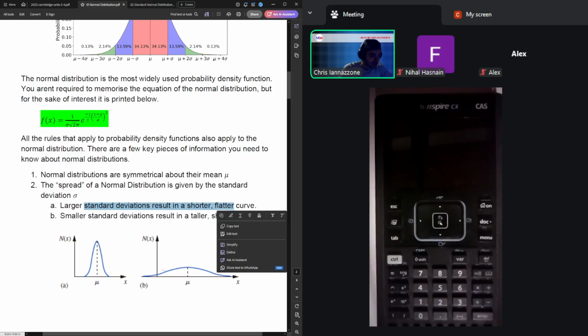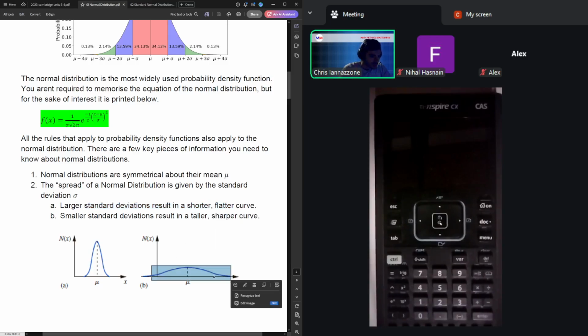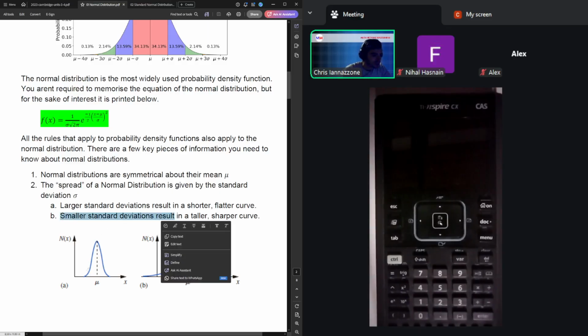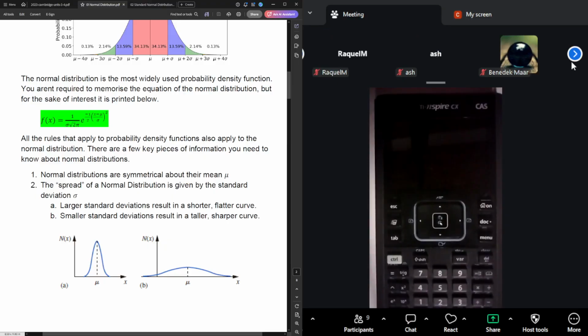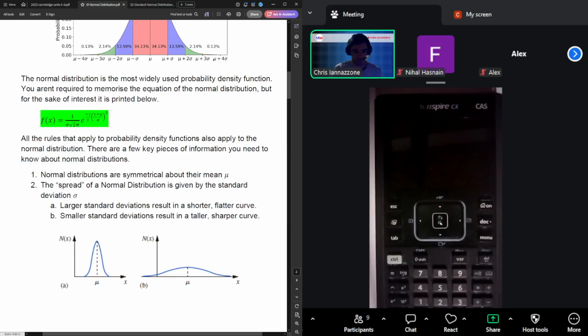Larger standard deviations are going to cause it to go flatter because the probability is more spread out. Smaller standard deviations are going to give you this sort of thing, where more of the probability is concentrated right next to the center.